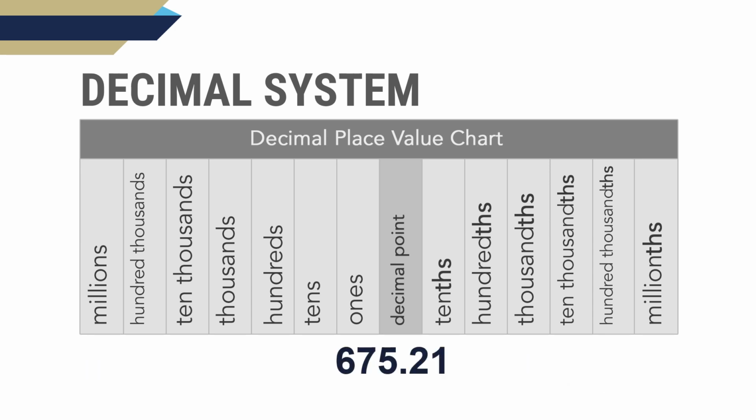So like I said before, we're all used to this system, but just as a quick recap, we're going to look at the number 675 and 21 hundredths. I'm going to start from right to left, explaining this number, and the first thing is the 1. The 1 is in the hundredths place, which means I have 1 hundredth. Then we have the 2. That's in the tenths place, so I have 2 tenths. Then we've got the decimal point.